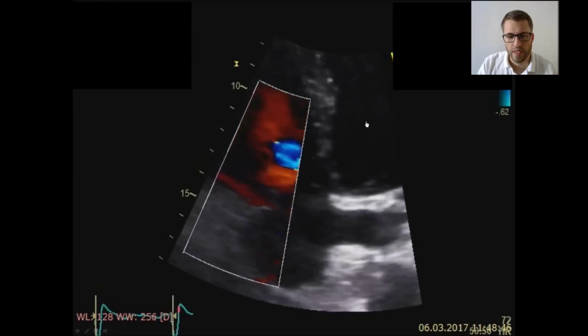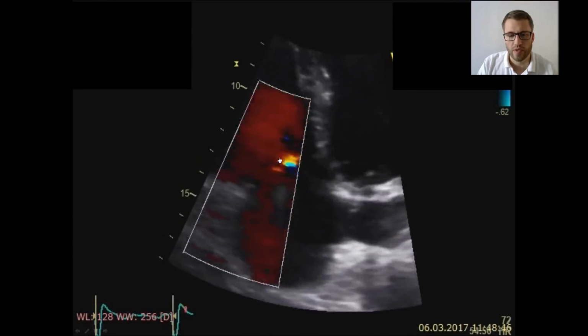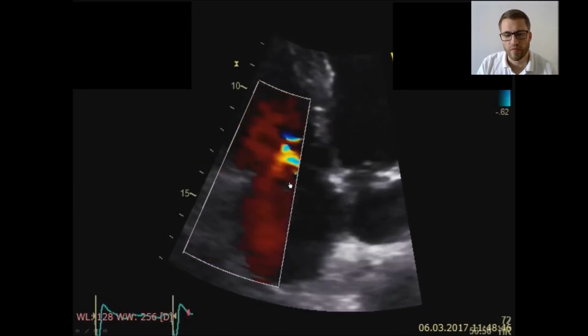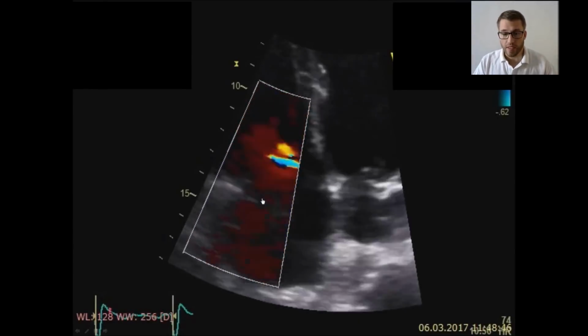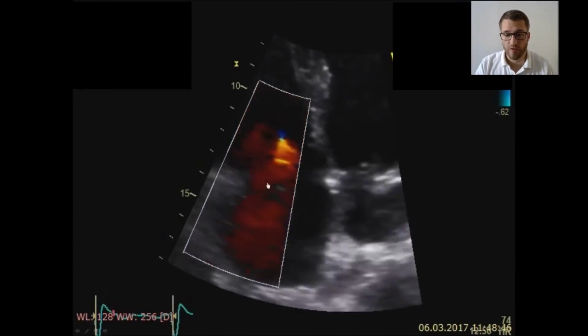In this loop we see the tricuspid regurgitation jet. We very often, as you all know, have these jets over tricuspid valves where leads are going through from the right atrium over the tricuspid valve into the right ventricle.